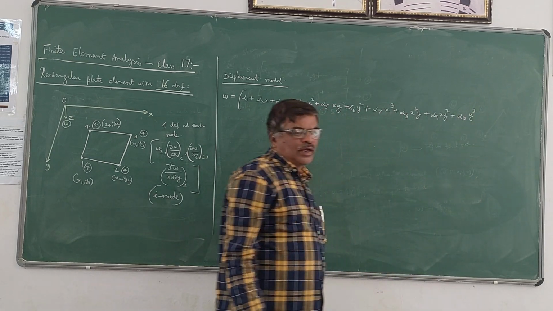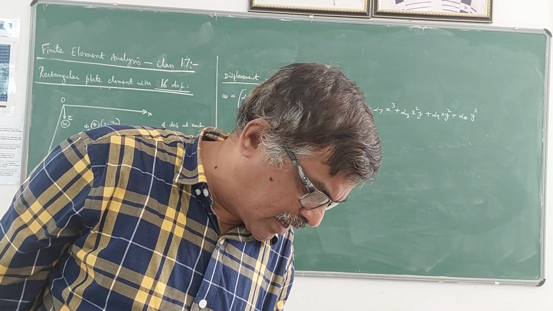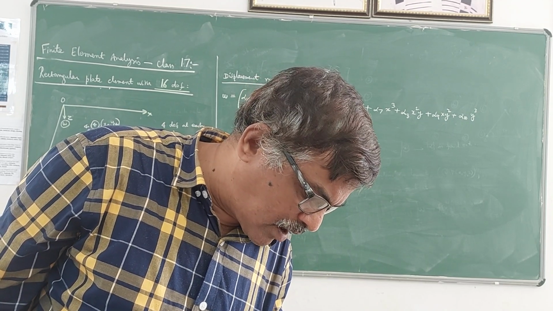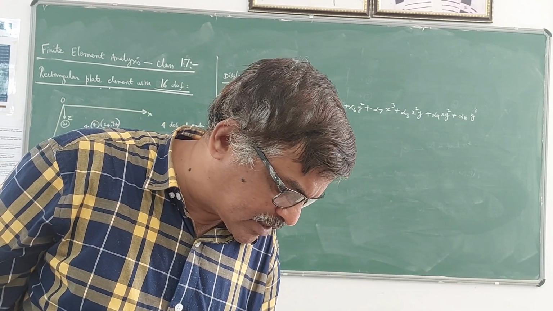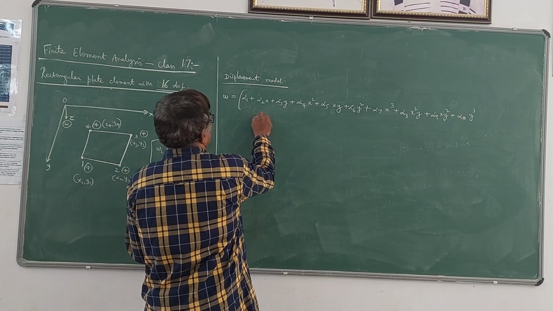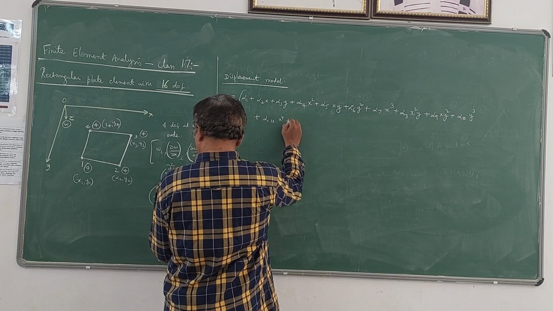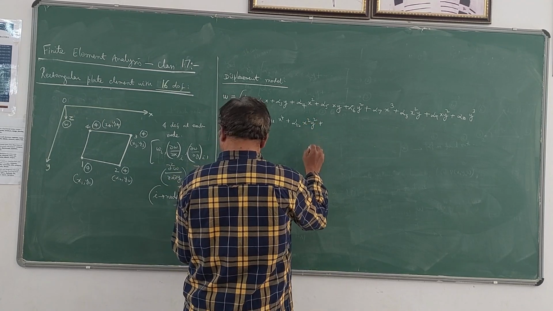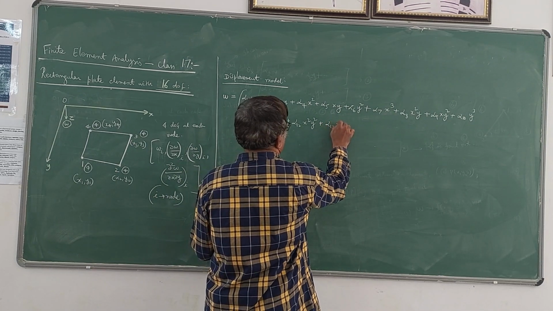So third order is over. Next fourth order, this is by using Pascal triangle. In the fourth order we have to take alpha 11 x power 4, plus alpha 12 x square y square plus alpha 13 x y cube.